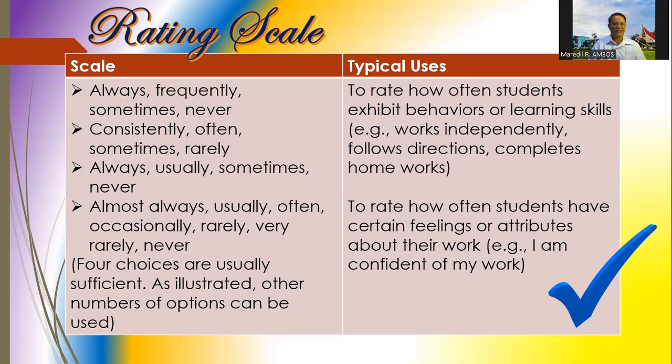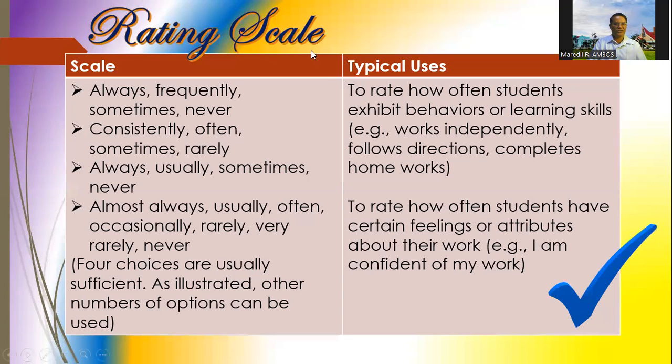Then we have consistently, often, sometimes, rarely. Then always, usually, sometimes, and never. We also have almost always, usually, often, occasionally, rarely, very rarely, and never. Take note, 4 choices are usually sufficient. As illustrated, other numbers of options can also be used.